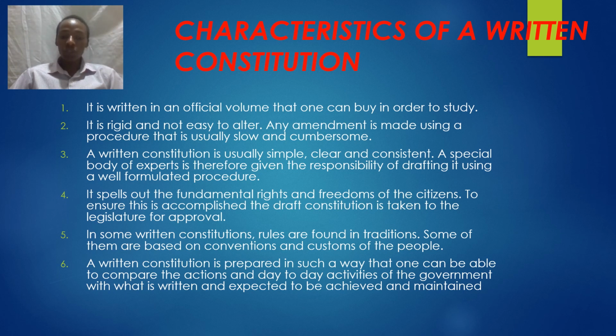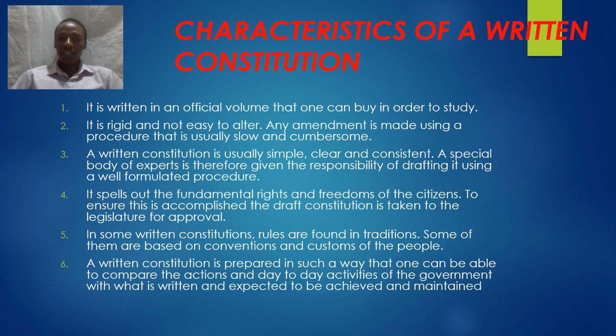A written constitution is prepared in such a way that one can compare the actions and the day-to-day activities of the government with what is written and expected to be achieved and maintained. So if the responsibilities, the powers, the duties of the government are stipulated in this written constitution, therefore any person can compare what the government of the day has delivered.